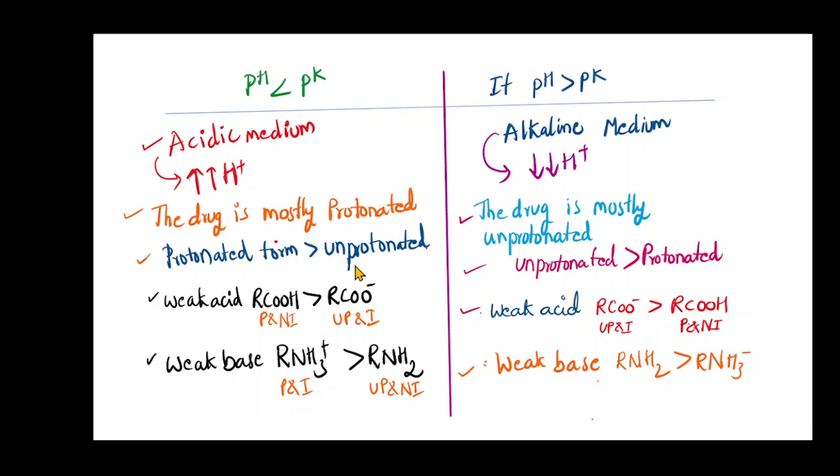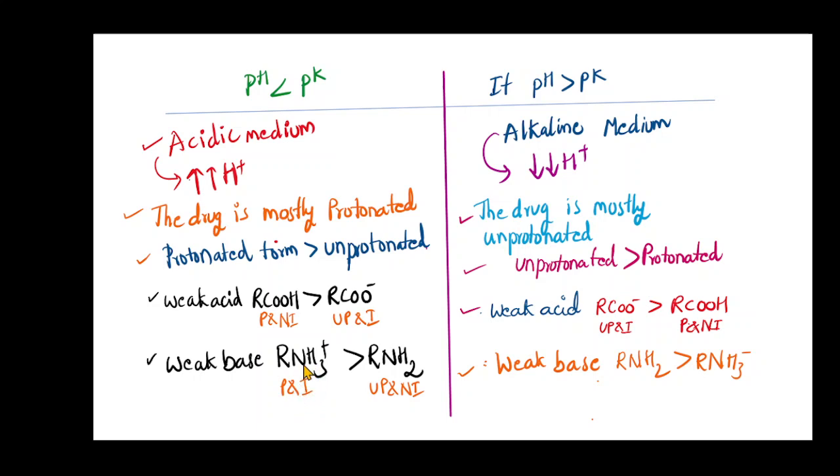Protonated form would be more than unprotonated. For example, take a weak acid: the protonated form, with more H plus, would be non-ionized, and the unprotonated form is ionized. Which fraction would be more? Protonated, non-ionized. Whereas if a drug is a weak base, then the protonated, ionized drug would be more.